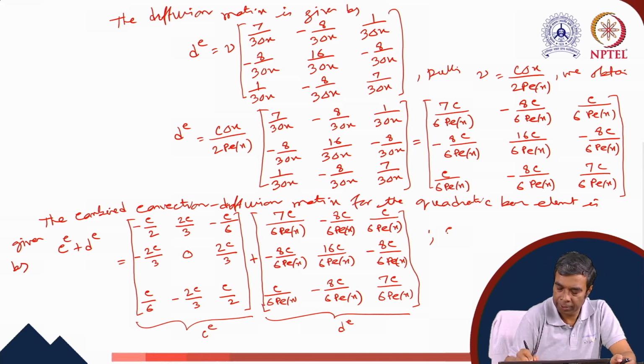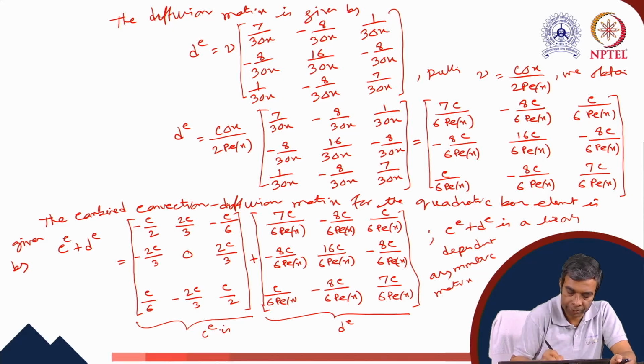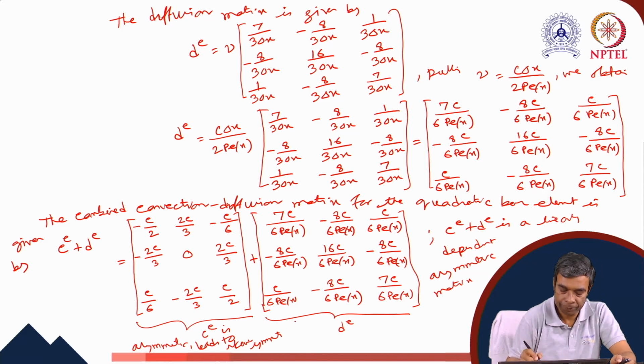So CE plus DE is an asymmetric matrix. CE is asymmetric. It leads to skew symmetry. We already saw it for the wave equation, and the DE is symmetric.